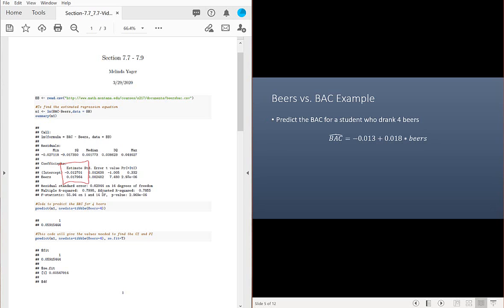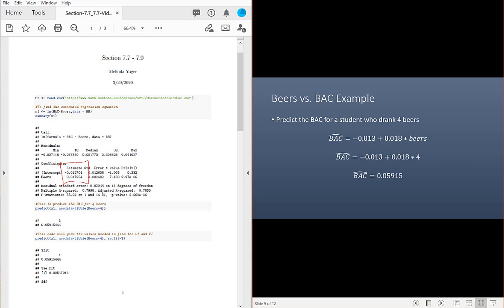To predict the average blood alcohol content for 4 beers, we will plug the value of 4 into the regression line for the explanatory variable, number of beers. The predicted average blood alcohol content is 0.05915 for a student who drank 4 beers.